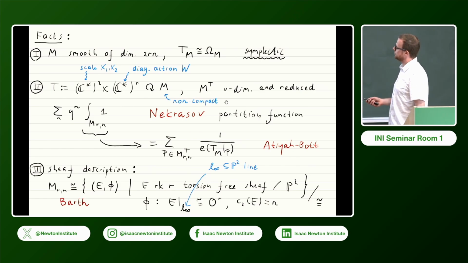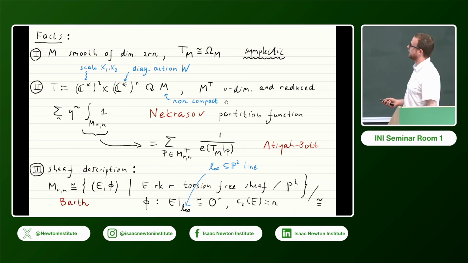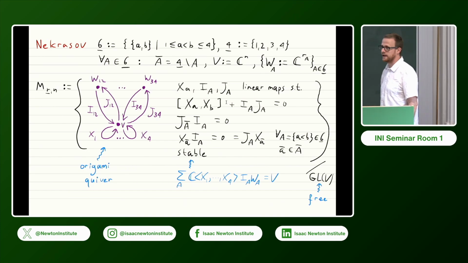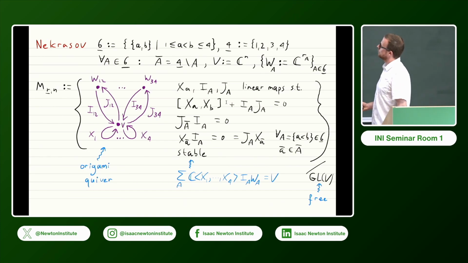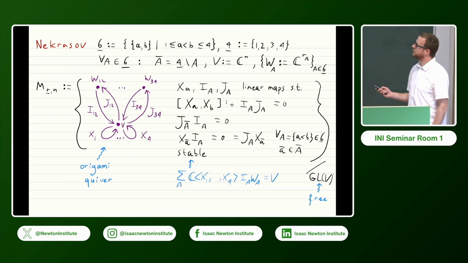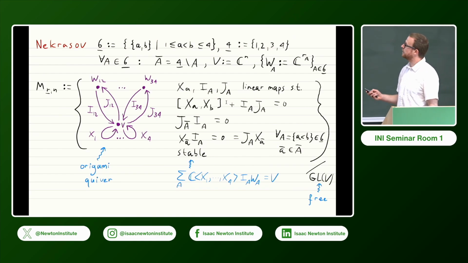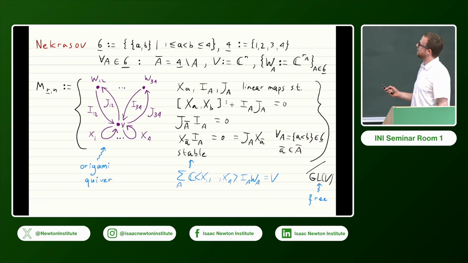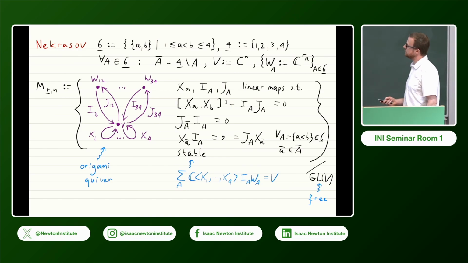So now let us get to the quiver we're actually interested in today, which was introduced by Nekrasov. First a little bit of notation. By 6 bar, I mean the subset of all numbers a, b, where a and b range between 1 and 4. And 4 bar is the set consisting of 1, 2, 3, 4.